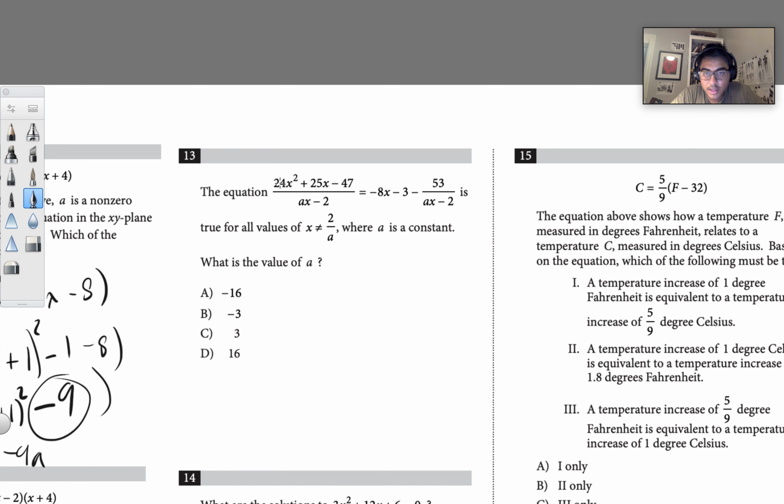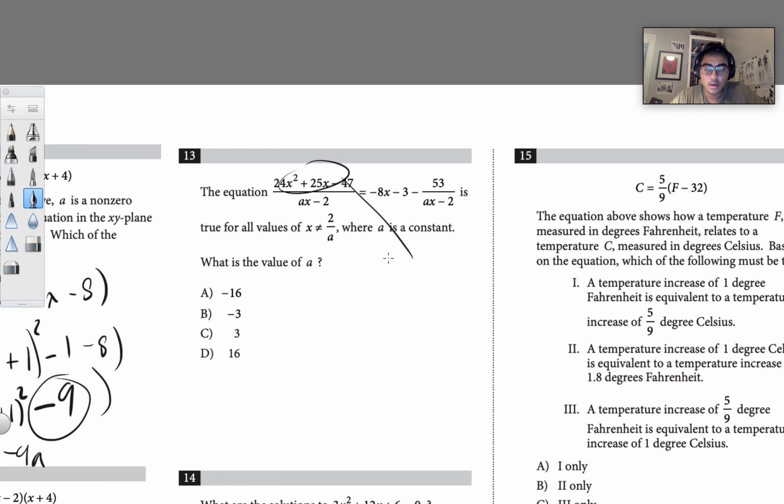If we look at long division, we'd have to put this function here, divided by ax minus 2, which is equal to negative 8x minus 3 minus 53 over ax minus 2.